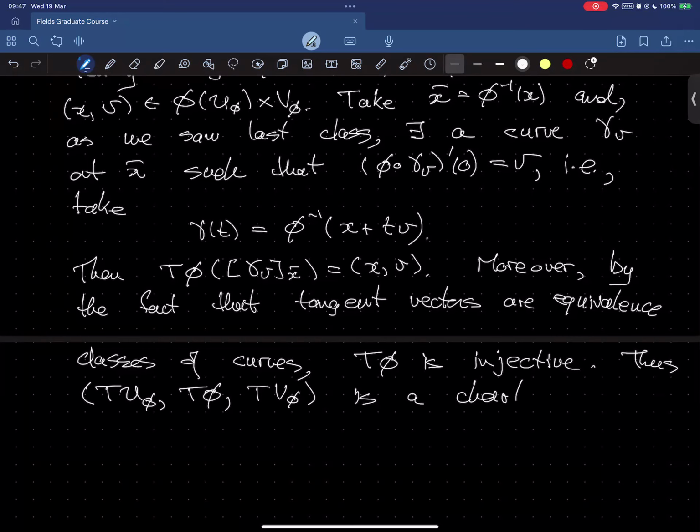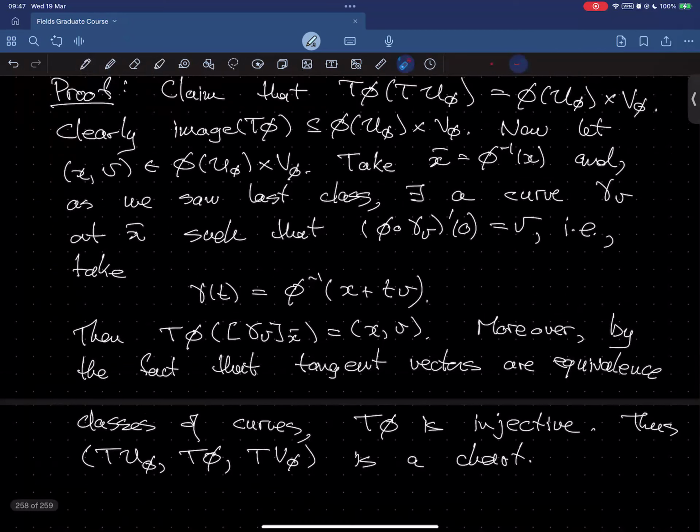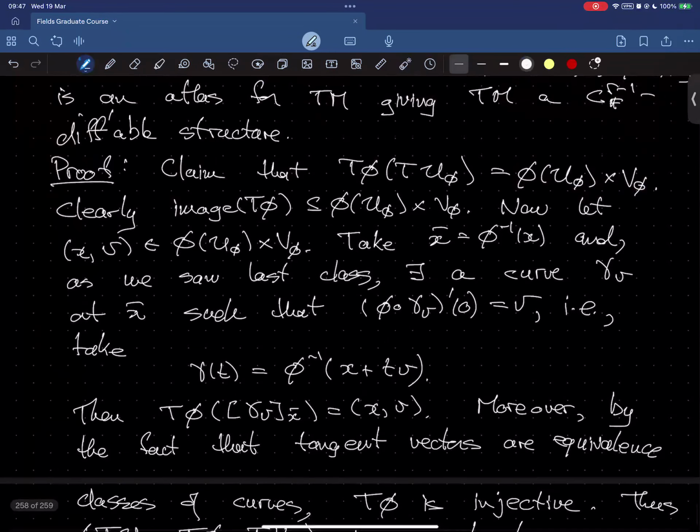And sorry, the only thing I forgot to mention, but it's clear, is that this is an open subset of V phi cross V phi.